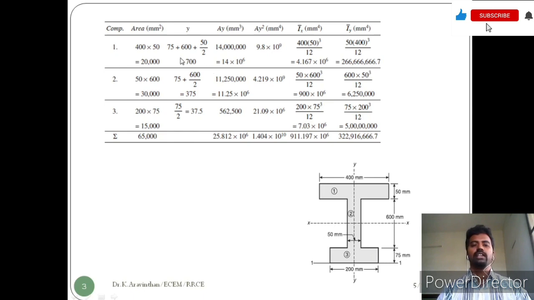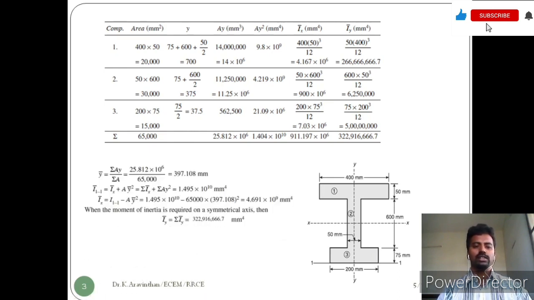And let us find the AY here. Area into Y, 20,000 into 700. So you will get the answer for each component. And now let us find the centroid. The formula to find centroid is sum of AY divided by sum of A.